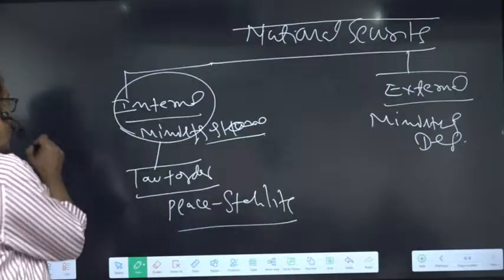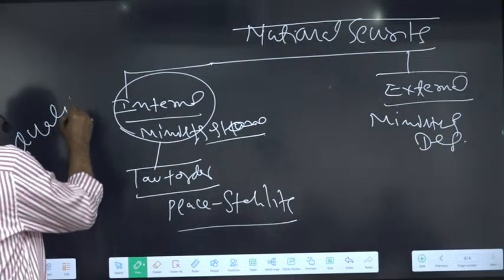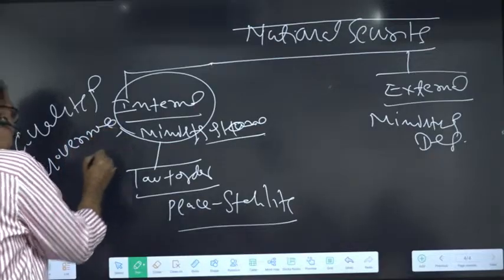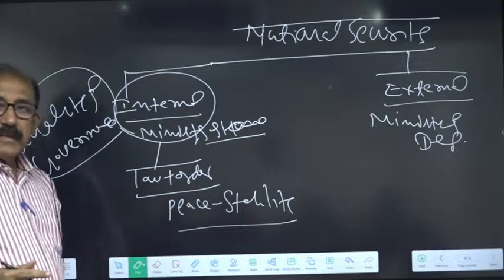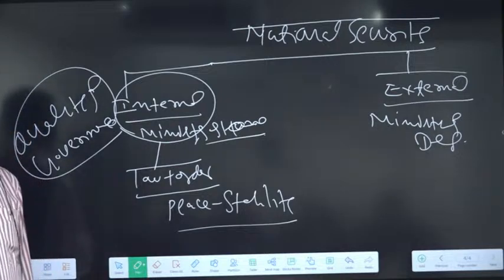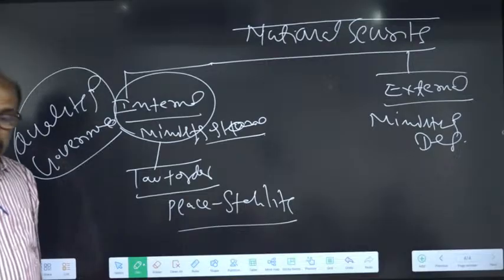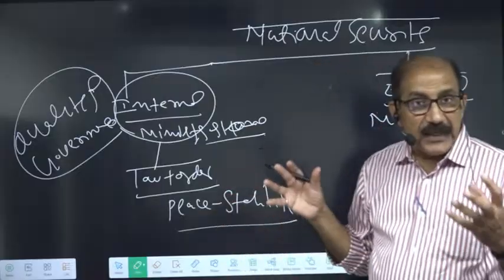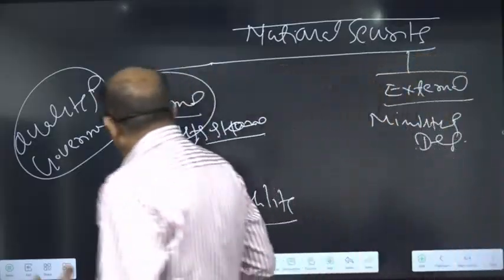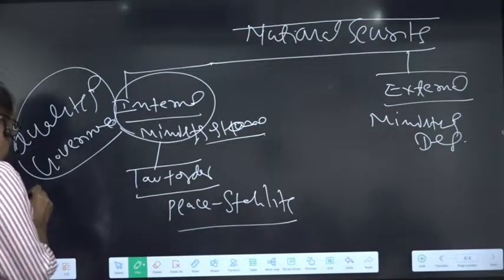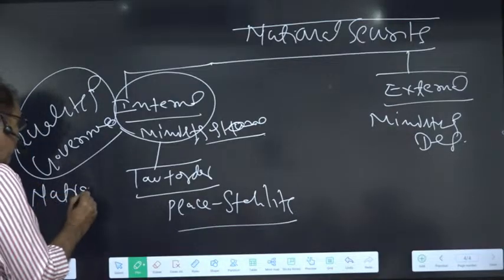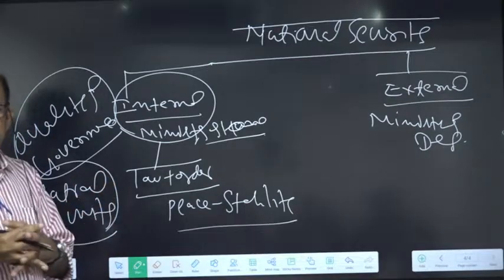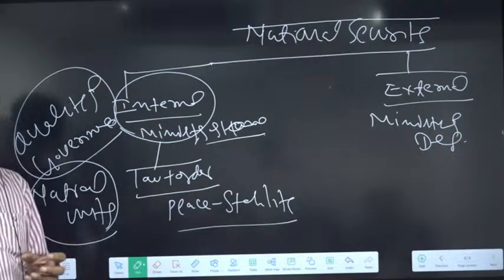Something which is related to the quality of governance, what the government is doing. Whether the government is able to protect the life of the people or not, whether it is able to secure the life of the people. It is also related to national cohesiveness, or you can say national unity, something which avoids conflict.